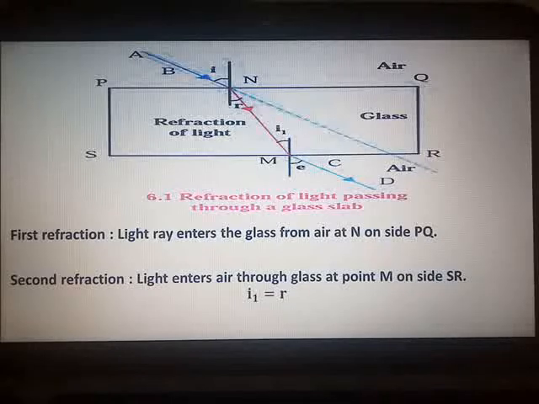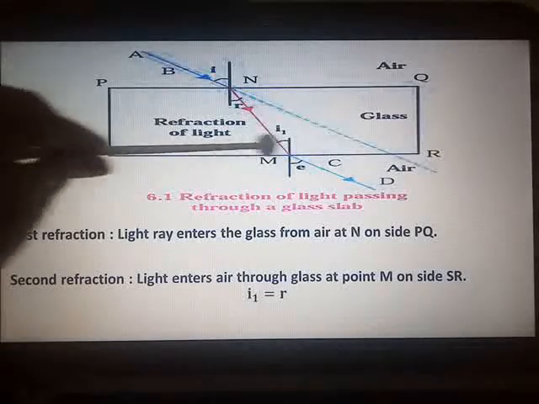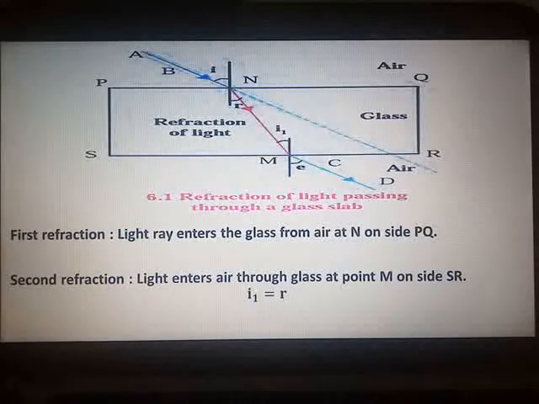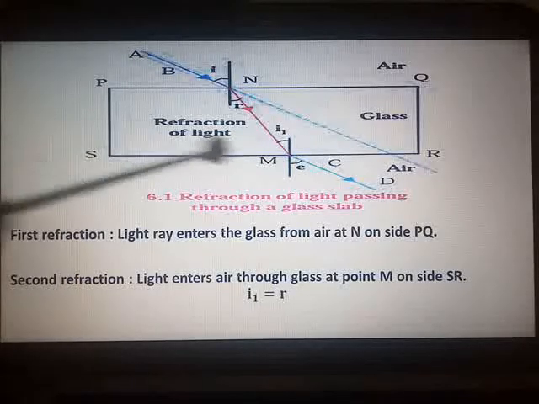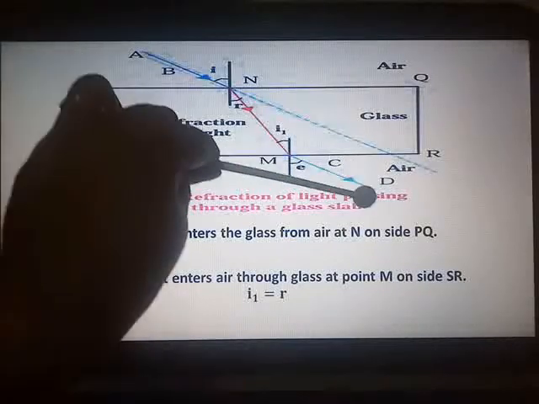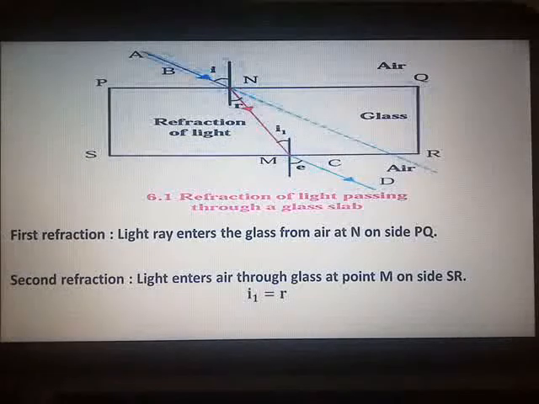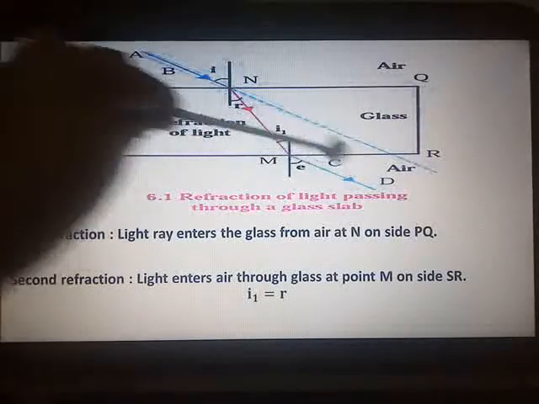On both the parallel sides PQ and SR of the glass slab, just recollect your geometry, the change in the direction of the light ray is equal, but it is in the opposite direction. Thus, the light ray MD emerging from the glass slab into the air is parallel to the incident ray AN.